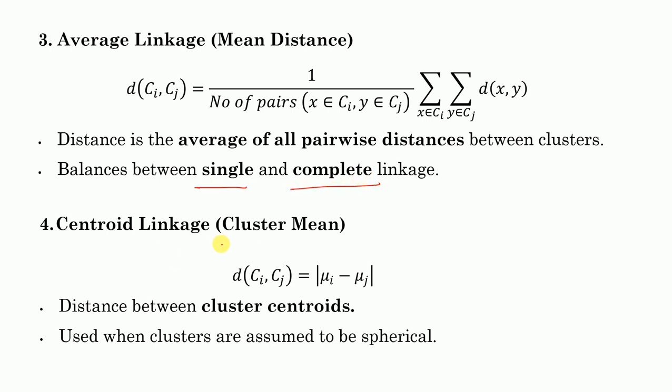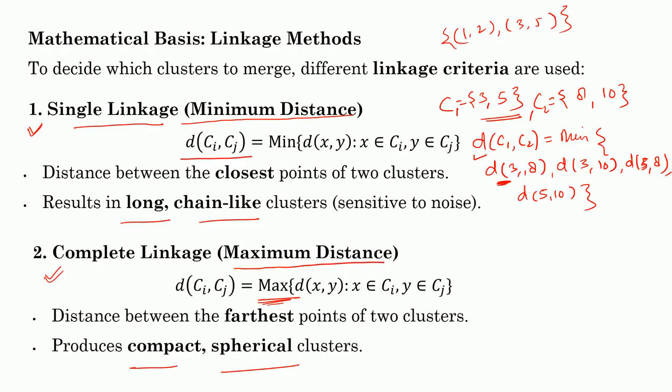Now another method, centroid linkage. For example, suppose here we have one cluster with 3 and 5. We can find the centroid of this cluster by simply calculating the mean of these 2 points. If instead of 2 there were 4 or 5 points, we would calculate the mean of all these points, and then we get the centroid for C1. So it is simply the mean of all these points, just like here, 3 plus 5 by 2.